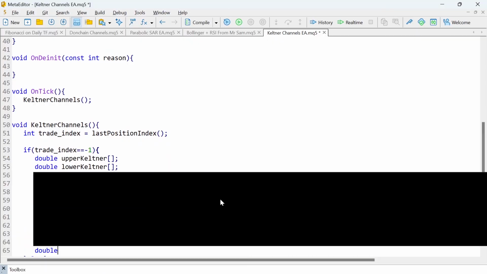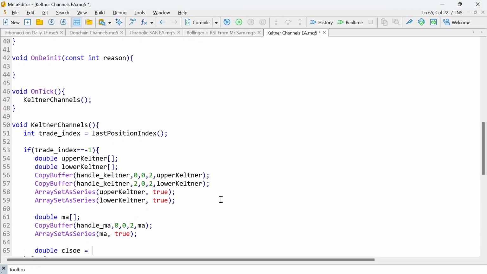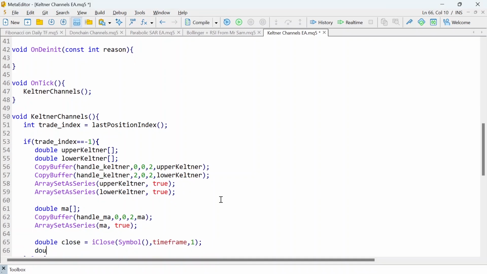Now I need to get the close and the open of the previous candle. I close for this chart symbol, this time frame, and for the previous candle, right? Then I will say I want to get the open of the previous candle as well.